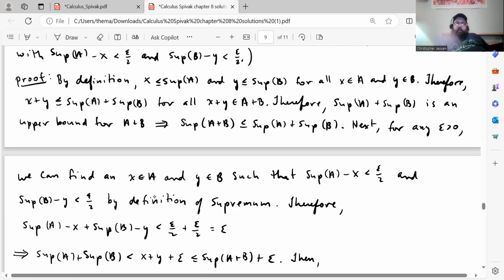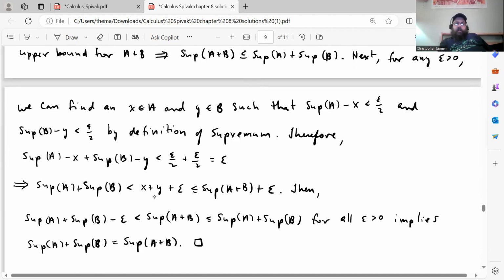Next, for epsilon greater than 0, we can find an x in A and a y in B such that sup A minus x is less than epsilon over 2 and sup B minus y is less than epsilon over 2, by definition of supremum. Therefore, sup A minus x plus sup B minus y is less than epsilon over 2 plus epsilon over 2, which is epsilon. Or in other words, sup A plus sup B is less than x plus y plus epsilon, which obviously is less than or equal to sup(A plus B) plus epsilon by definition of supremum.